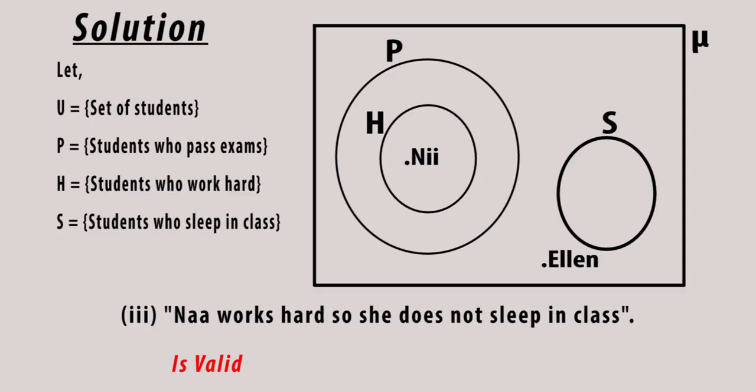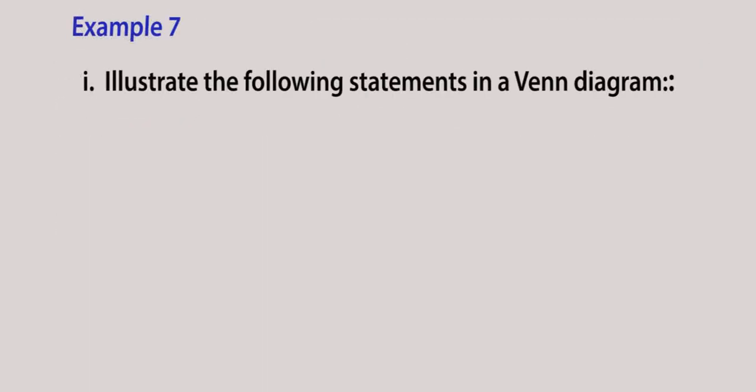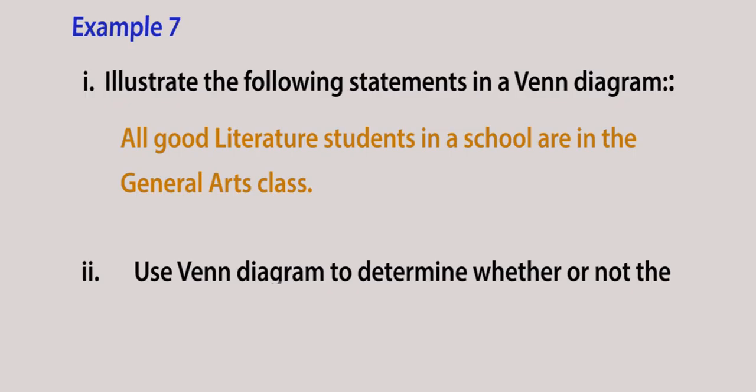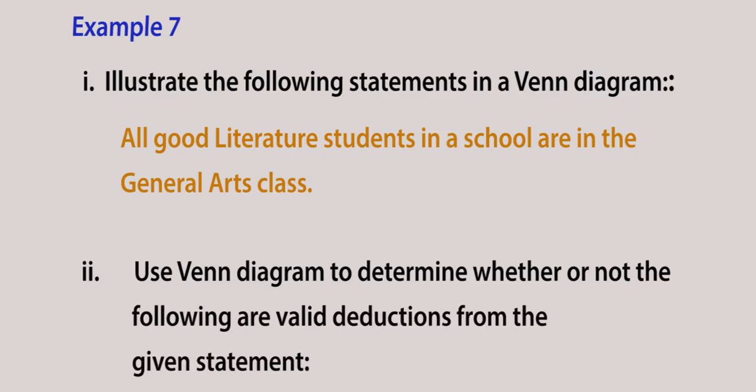Good. Let's take another example. Illustrate the following statements in a Venn diagram. All good literature students in a school are in the general arts class. II. Use Venn diagram to determine whether or not the following are valid deductions from the given statement.